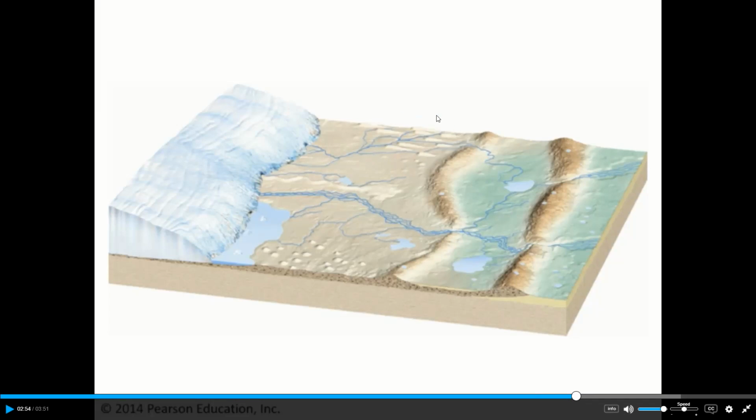Our drumlins appear on the top, some of those kames down here, and all of this in here would be our ground moraine. Then we have an esker, kind of the scar that remains of a river there, streams flowing below the glacier. And then here is our retreating glacier.